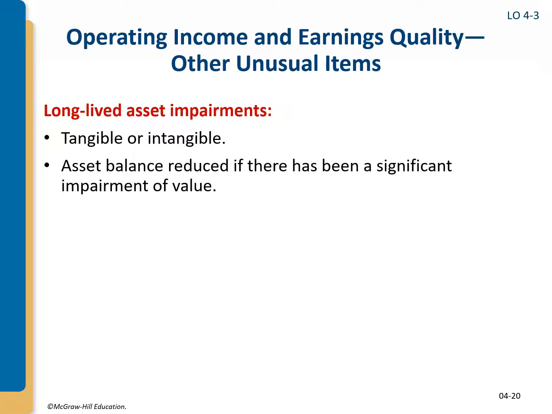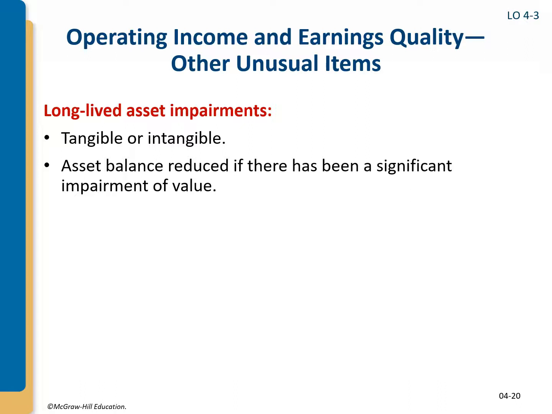Also included in operating income are what we call unusual items. Sometimes, and we'll be looking at this in more detail in the coming chapters, a long-term asset, maybe a piece of equipment or an intangible asset, has lost significant value, a real lot of value, for whatever reason, technology, just something has caused it to lose value.